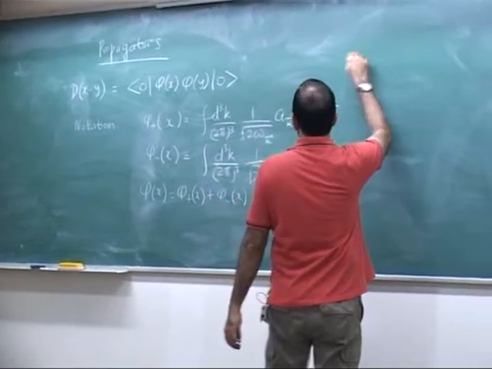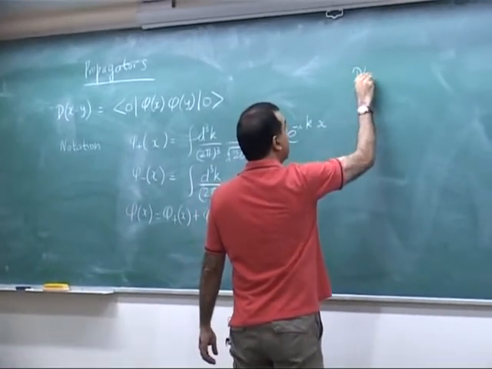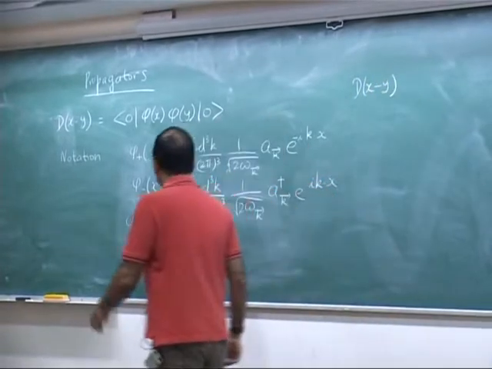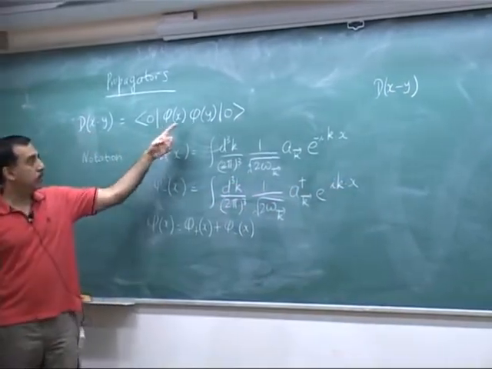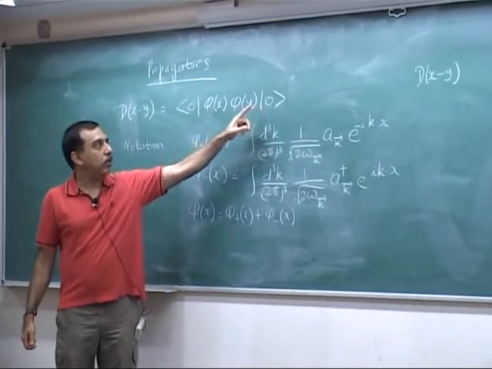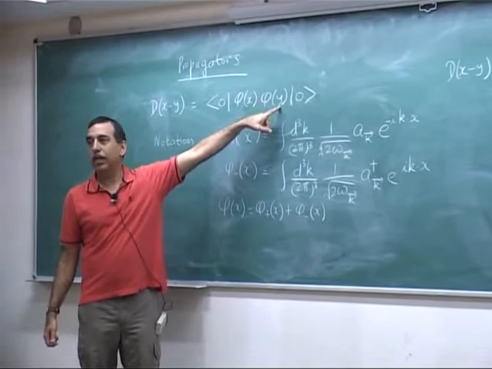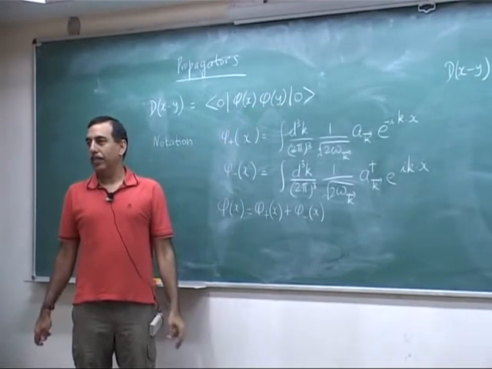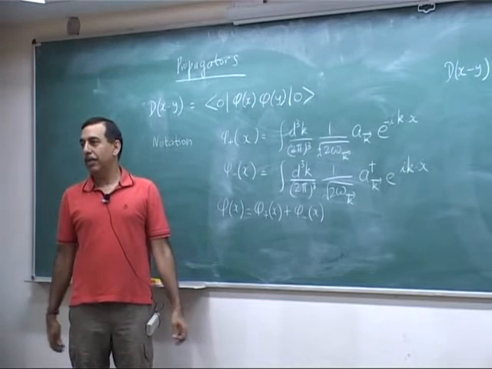Now let's look at D of x minus y. I made this comment yesterday, but let me repeat it. This quantity will not change if I make a uniform translation in all the coordinates, x mu as well as y mu. Because translations are a symmetry of the theory.